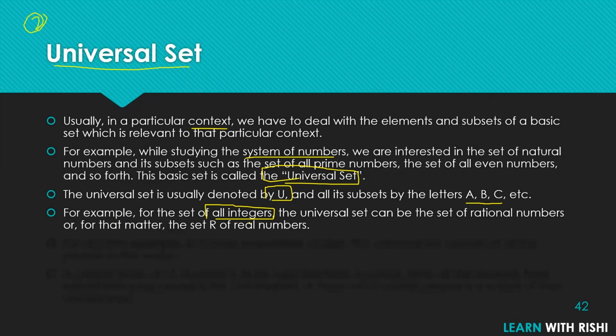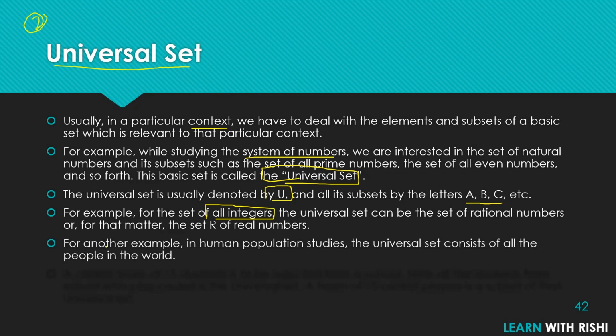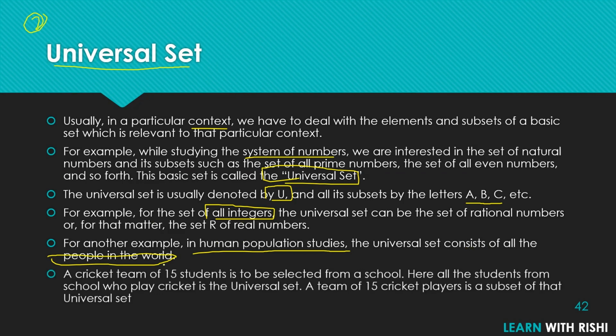Then, for another example, in human population studies, a universal set consists of people in the world. So when we study the human population, what is the universal set? All the people living in the world. A cricket team of 15 students is to be selected from a school. So we want only 15 students.